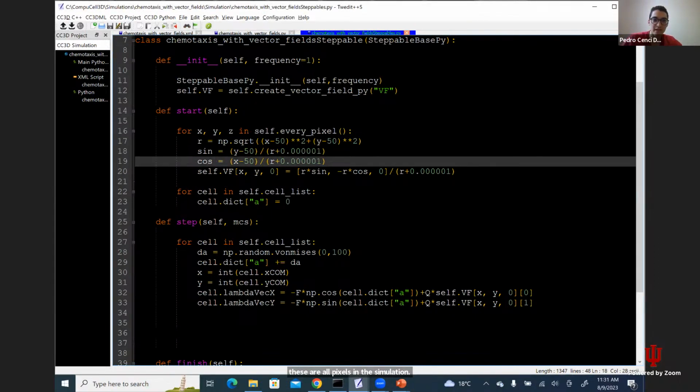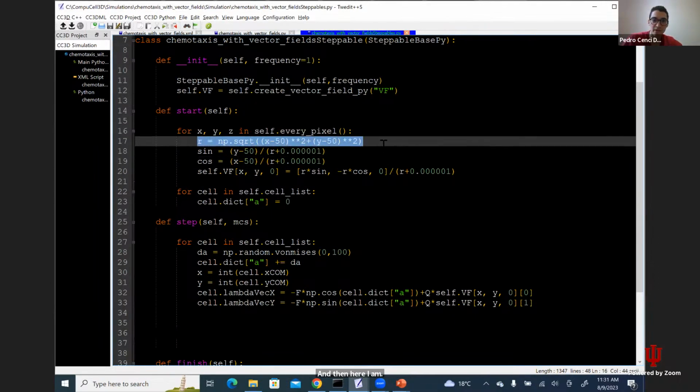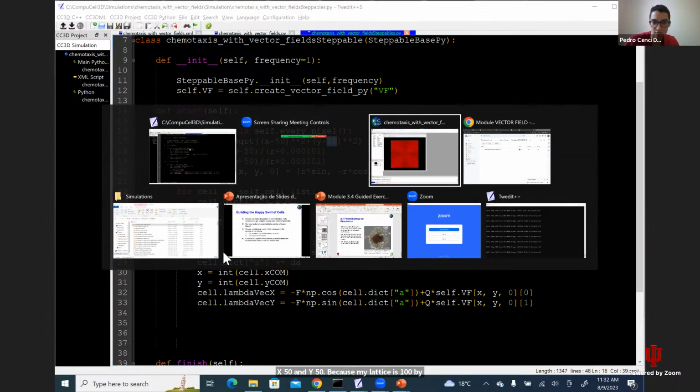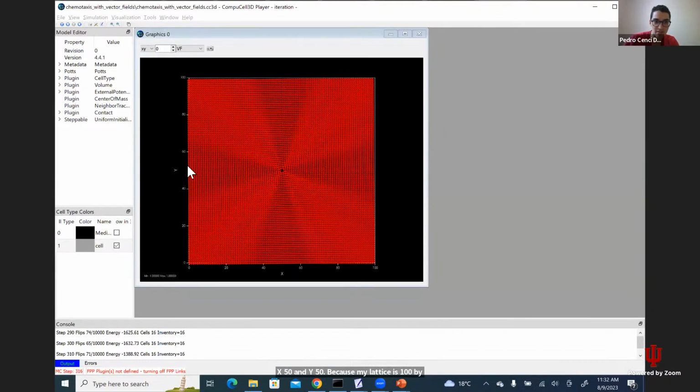And then here I am transforming x and y to polar coordinates. R is a distance, and as I want the distance from the center of the lattice, the center of my lattice is the pixel 50, 50, because my lattice is 100 by 100. The center is 50, 50.